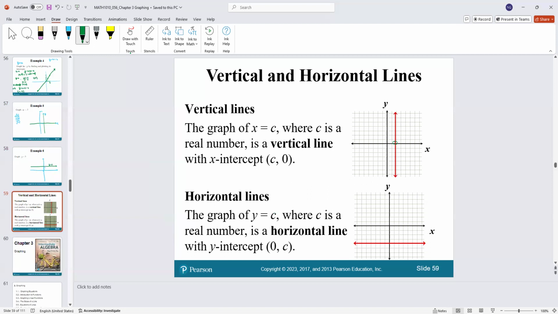And horizontal lines is when you don't have x, you only have y equals c, then you will consider it as a horizontal line.